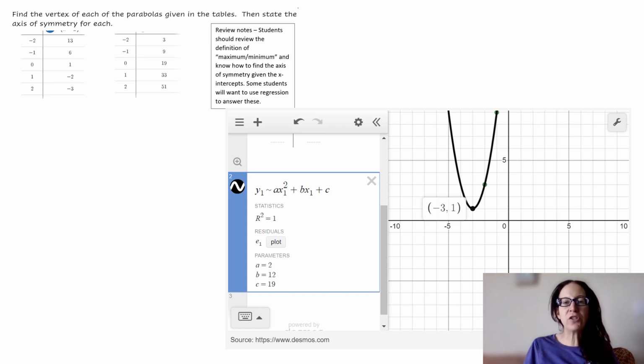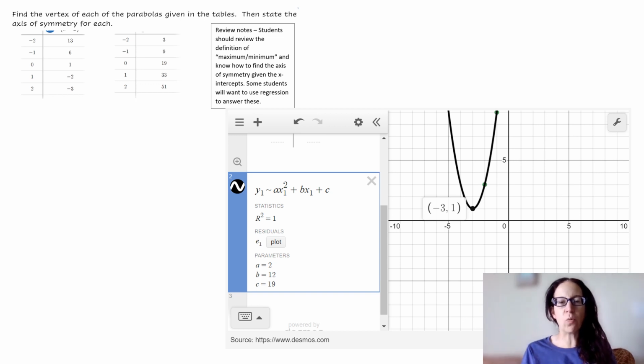For my students, this should be a review, so I should be able to go through it fairly quickly. There's another whole separate video somewhere on my YouTube channel just on how to do the regressions. But to do a regression, you do need to use those subscripts, the x1 and the y1. And then you need to use the little tilde, and that tells Desmos, hey, go back and do a regression.